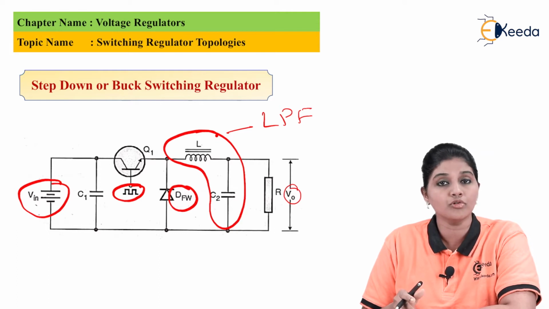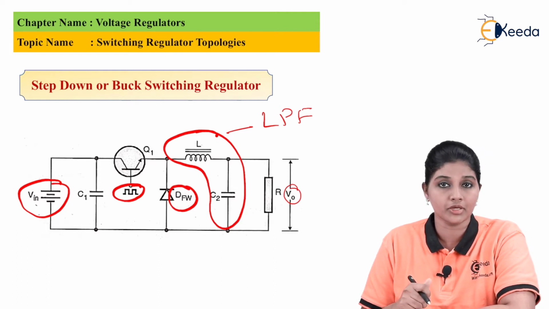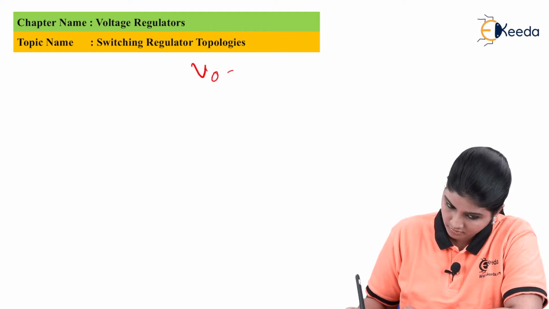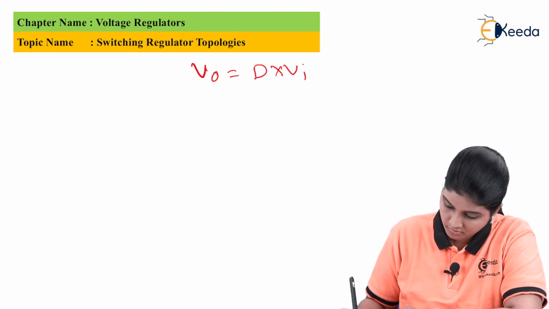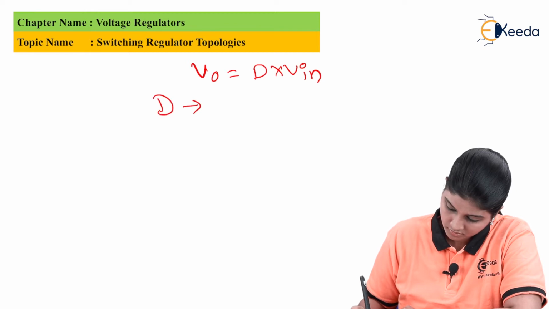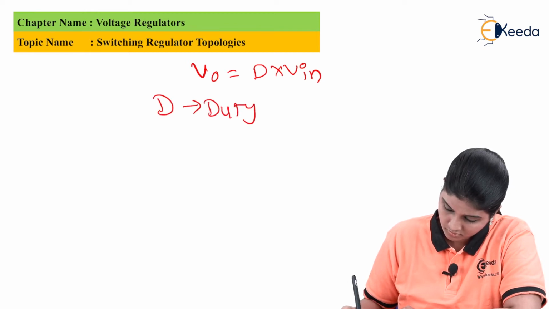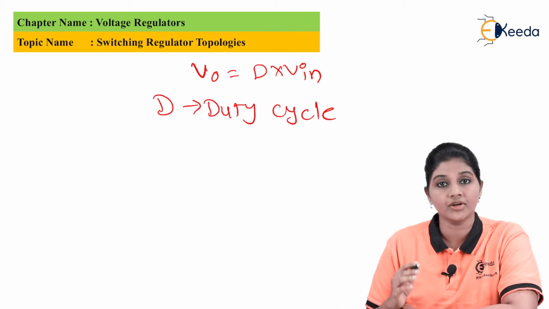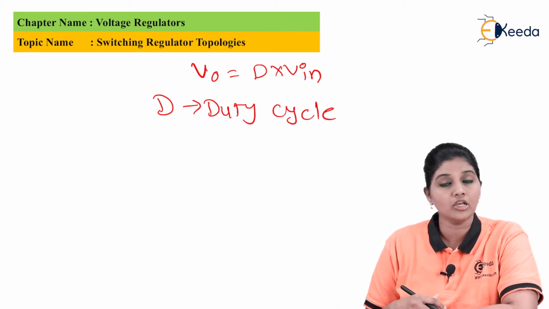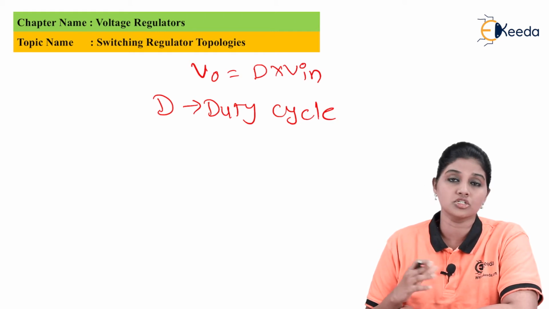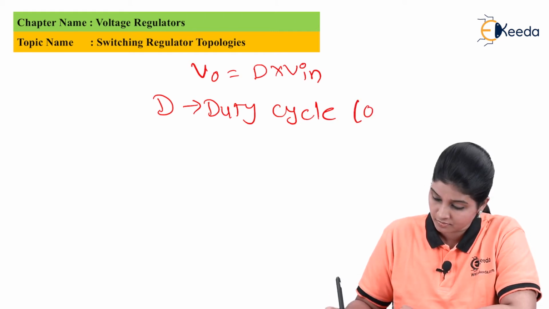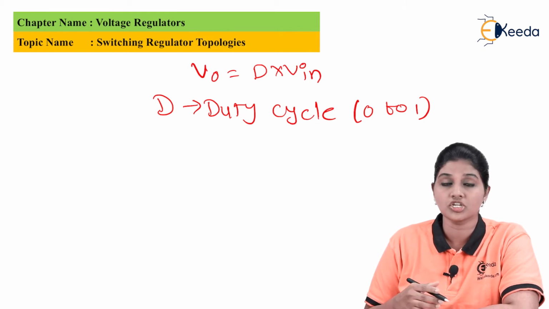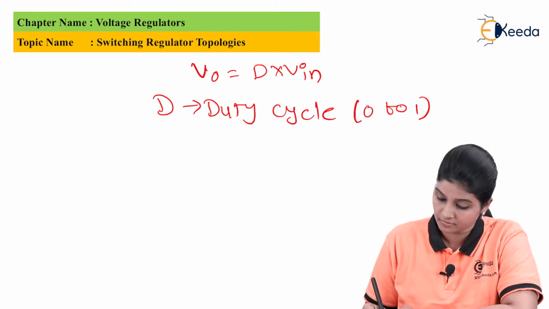So now the output voltage in terms of duty cycle can be given as VO equals D into Vin, where D stands for duty cycle. The value of duty cycle is changed between 0 and 1, and therefore the output voltage is changed from 0 to Vin.